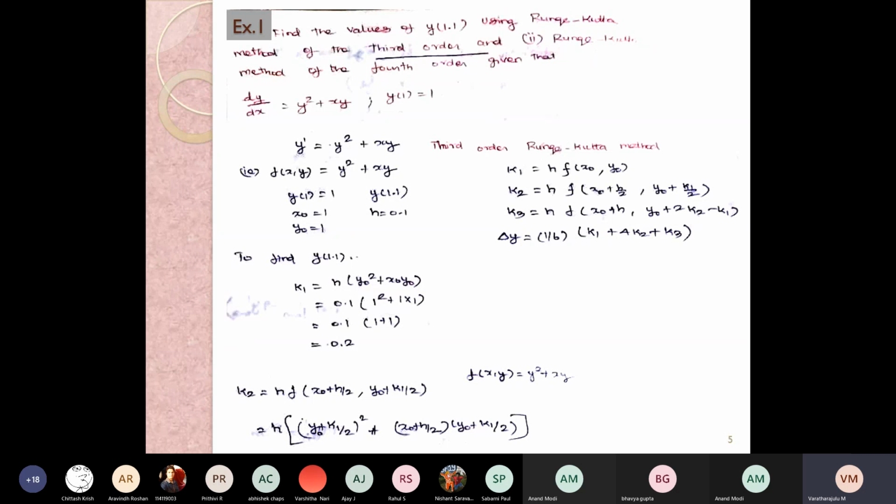Therefore, in the given function we are adding k1 by 2 with the y naught. That is what we obtain: y naught plus k1 by 2 the whole square plus, in the basic formula in y dash, instead of x comma y we are applying x naught plus h by 2 into y naught plus k1 by 2. Then we need to apply the various values.